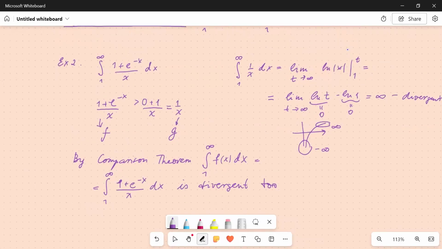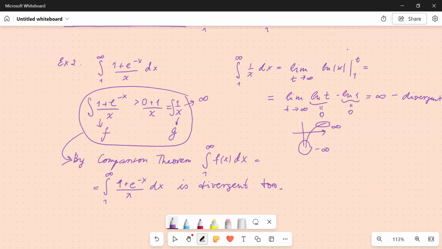Somewhere you will need to set up this inequality because it explains why we can use the comparison theorem. Sometimes in the book, you're just going to see the actual integrals here, and you can do it too. If this one equals infinity, then this one is going to be greater than infinity, divergent too.